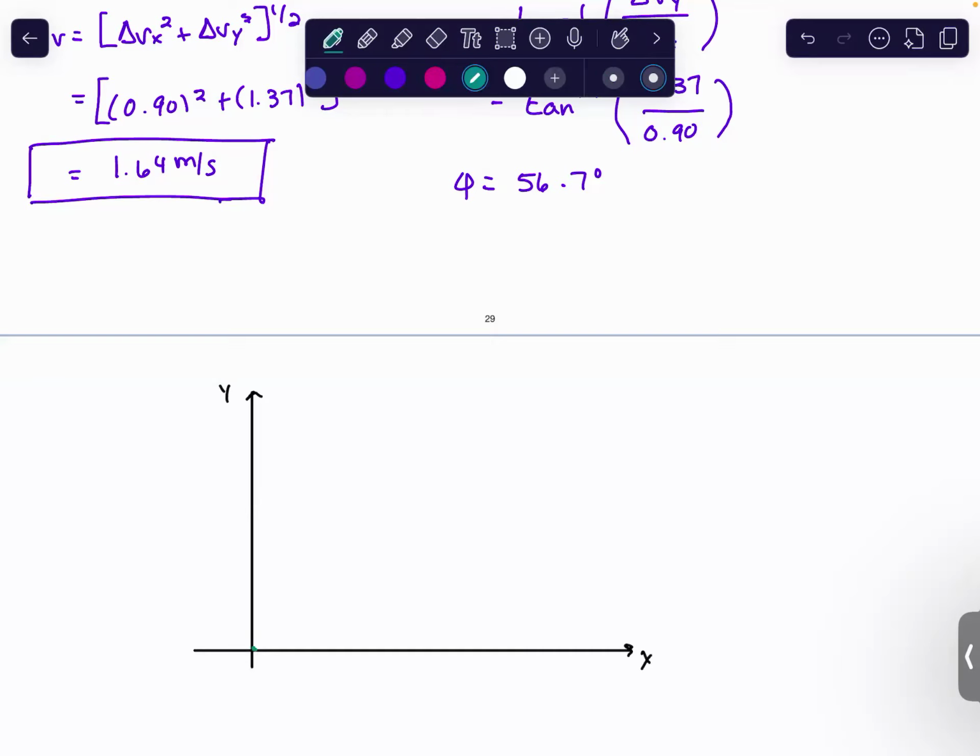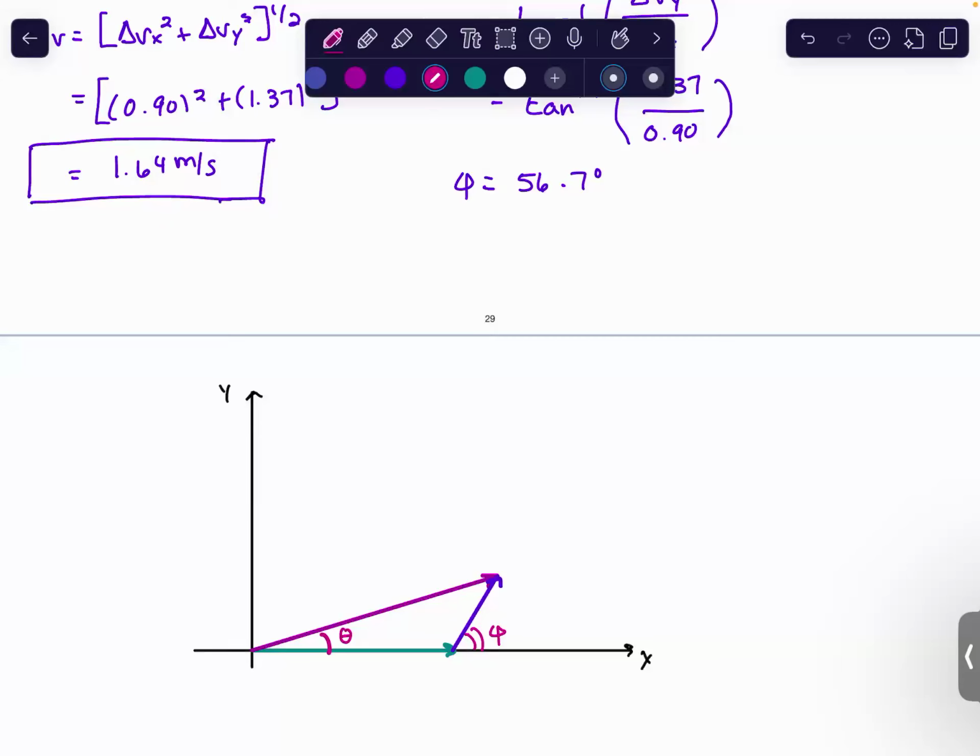So you have initial velocity, our final velocity. What is the angle for? That's your final. I'll show you. So remember here, we have theta.